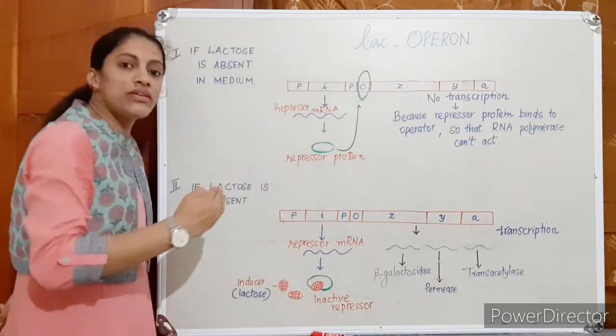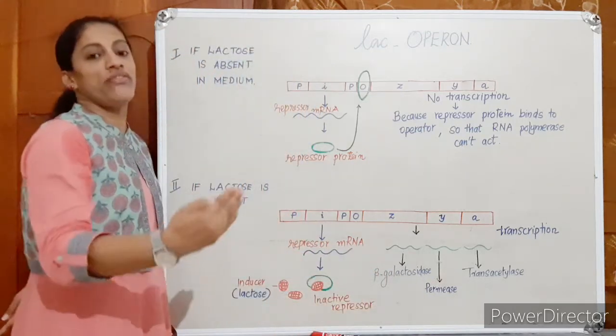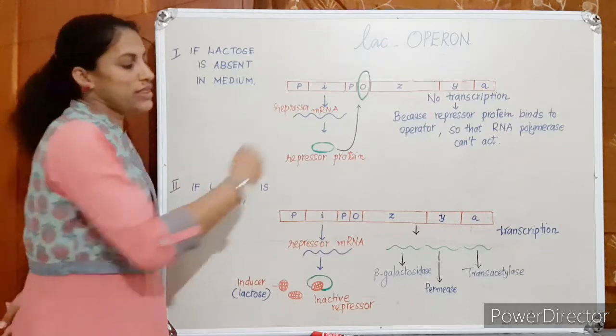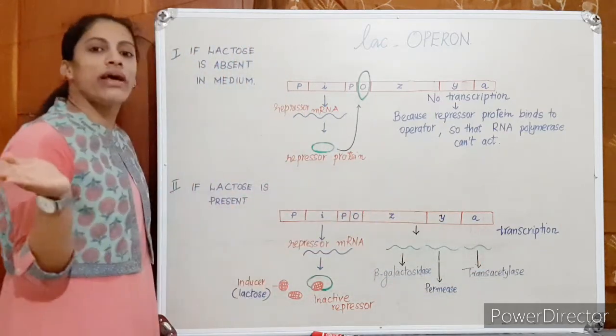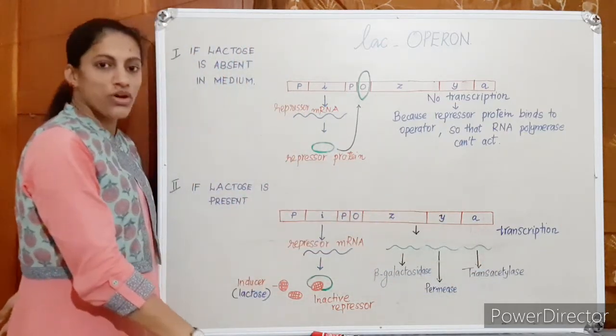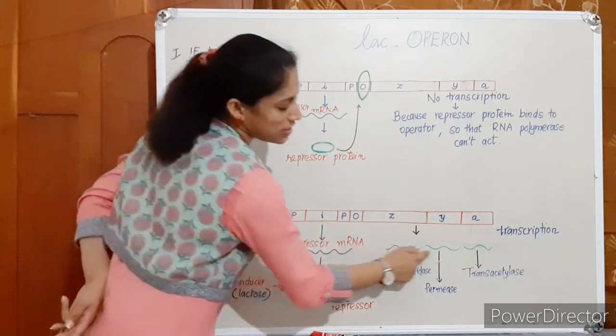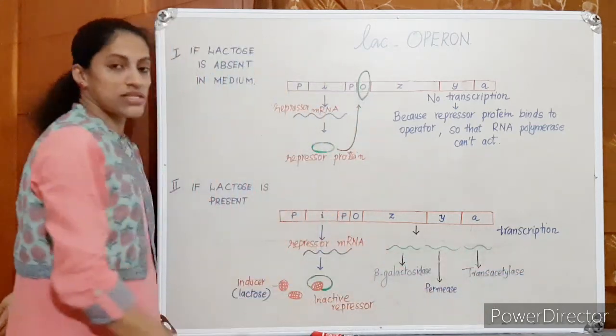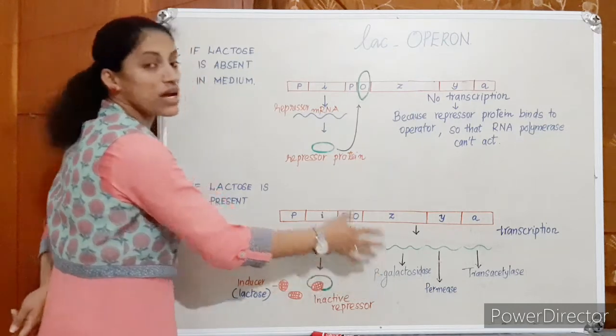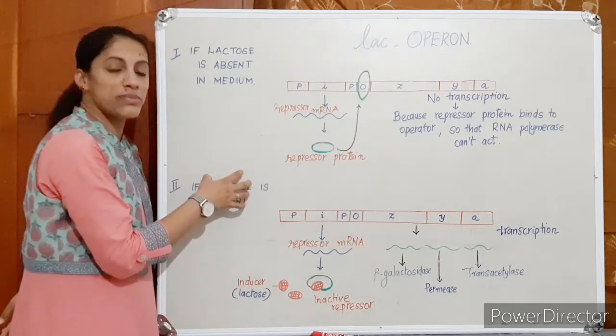Permease enzyme increases membrane permeability for fine absorption. Then the trans-acetylase enzyme also helps in the transfer. So that is the function of the three enzymes here. All the three enzymes are required for the effective metabolism of lactose.